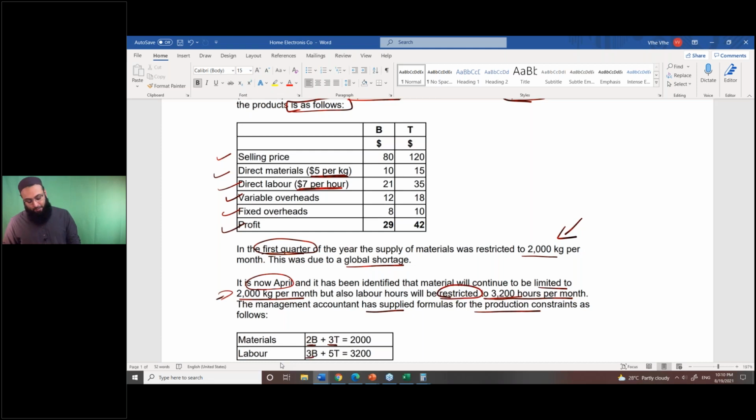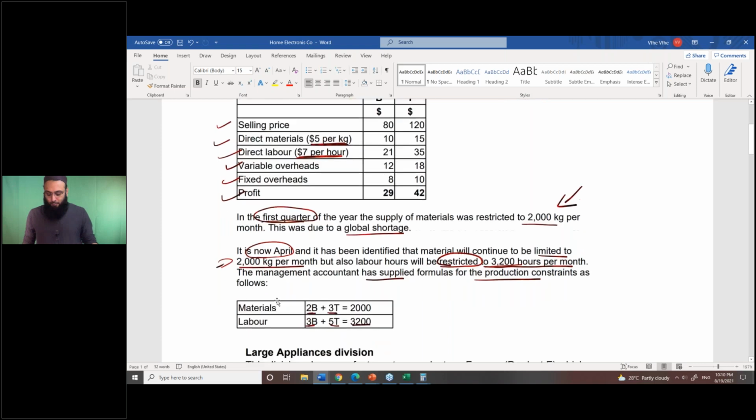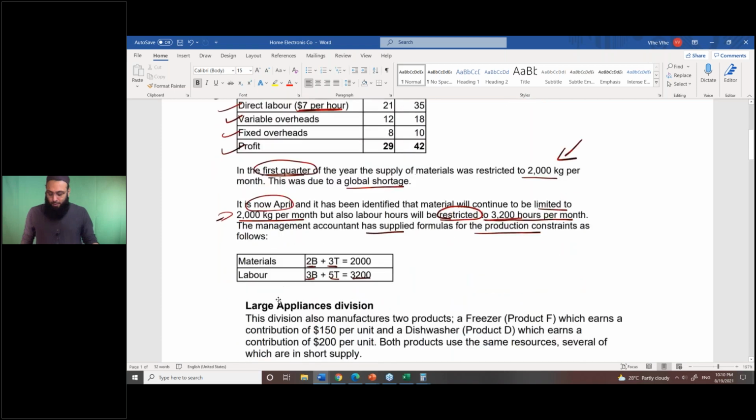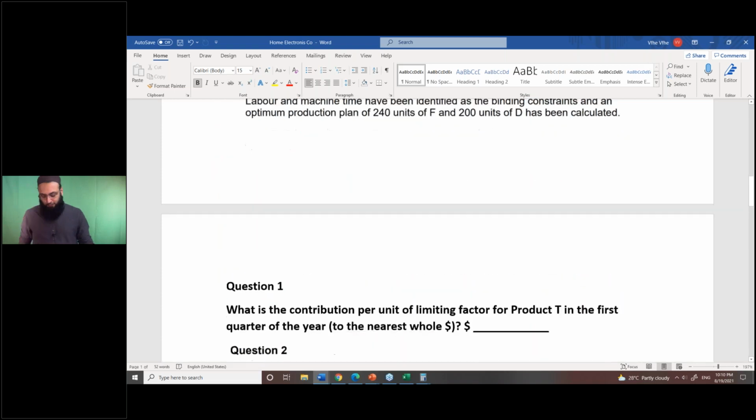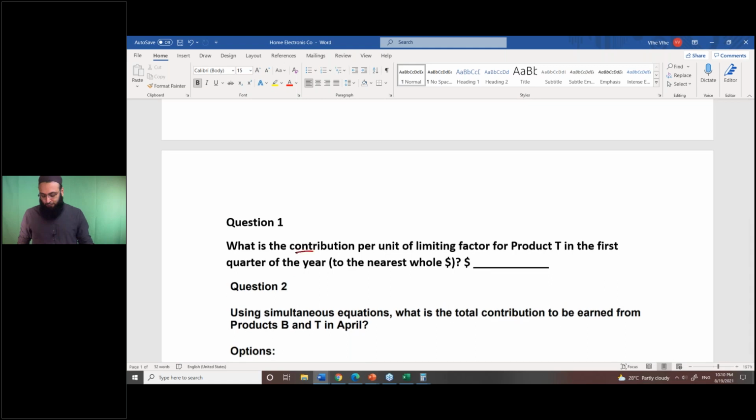For labor, 3 hours are required for B and 5 hours required for T with a maximum of 3200. Now let's move towards the first question. What is the contribution per unit of limiting factor for product T in first quarter to the nearest whole dollar?